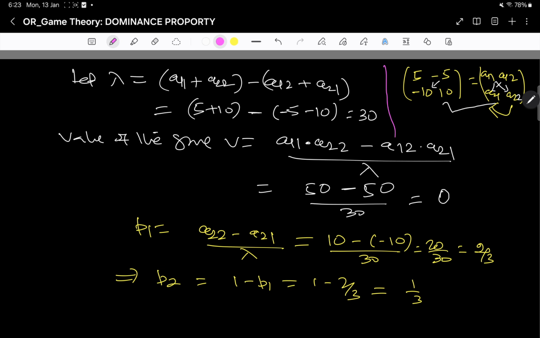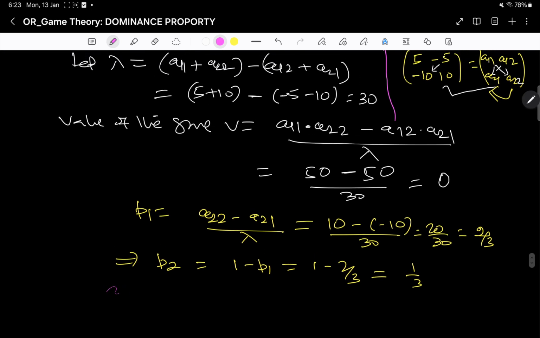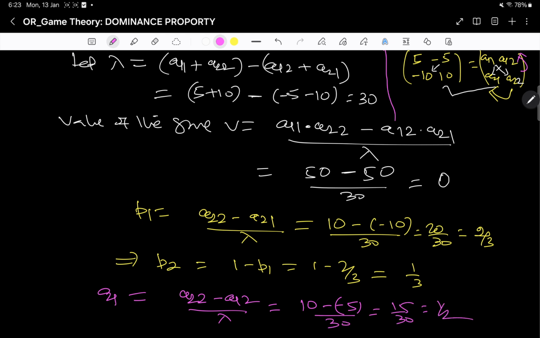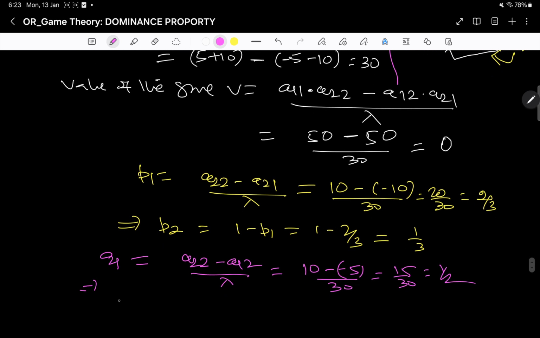Okay. Similarly, what is here Q1? Q1 is equal to A22 minus A12 by lambda. So this is equal to 10 minus 5 by 30, is 15 by 30, is equal to here half. So this implies Q2 is also 1 minus Q1, is half.